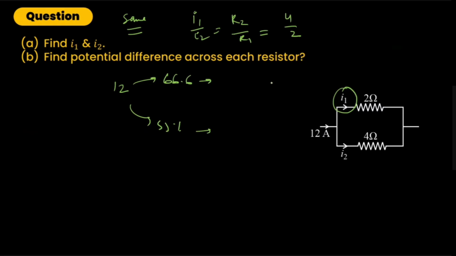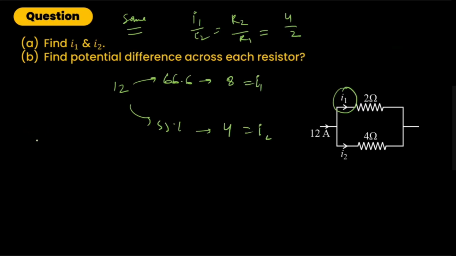So 66% of 12 would be almost 8, and it is 4. So this is our I1 and this is our I2.